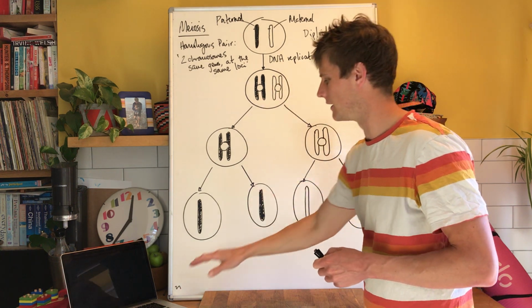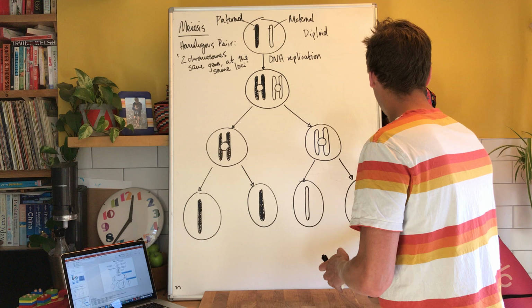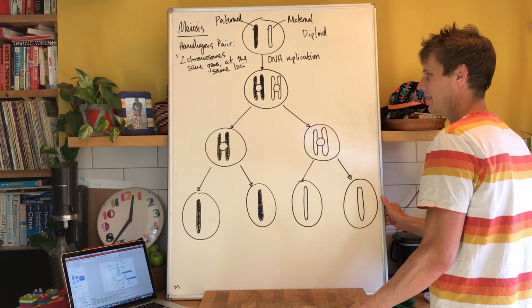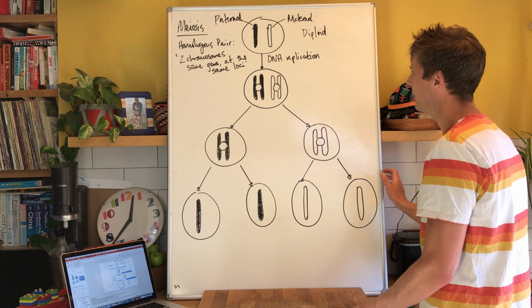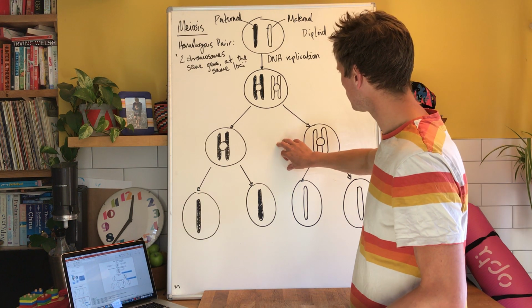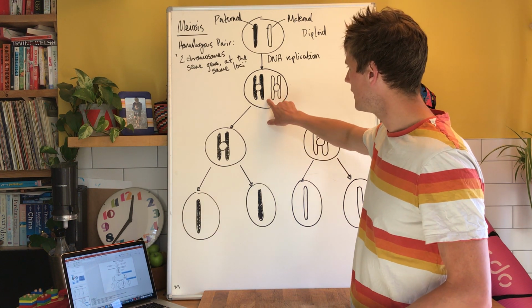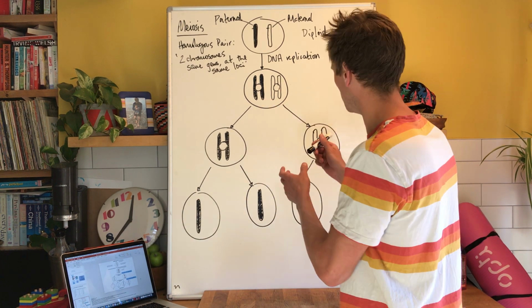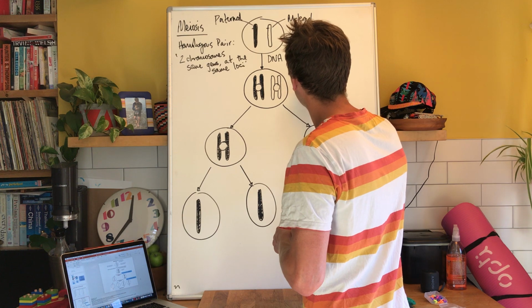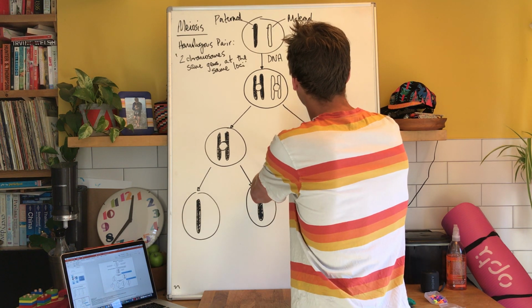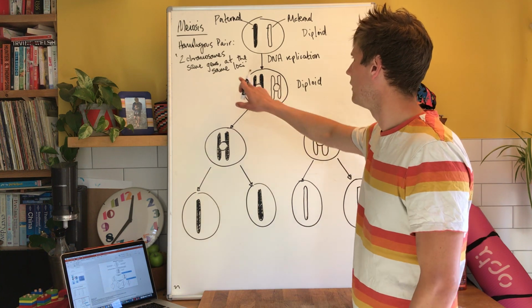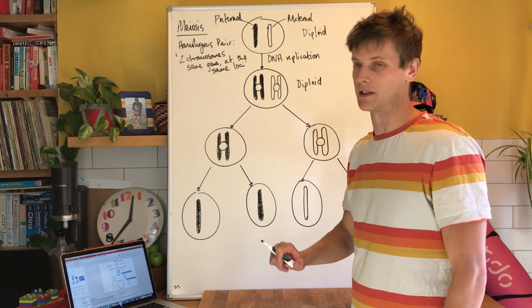This is where we come to this idea that sometimes people get a bit confused with the counting of the chromosomes. After DNA replication, this cell is also diploid. It still contains homologous pairs of chromosomes.